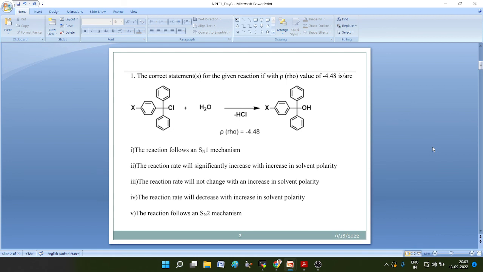Sir, the negative rho value will reflect the carbonium ion intermediate. It is true in all cases, sir. If the rho value is negative, then the intermediate formed will be carbonium ion. Actually, we shouldn't conclude like that. It's better to look at the mechanism and then try to conclude. But if I strictly follow the book, in Clayden, it is written like that.